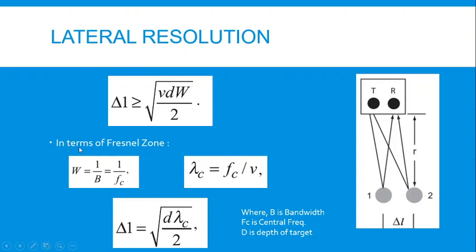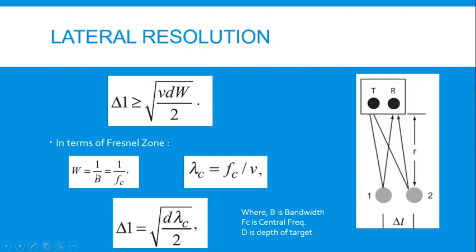But we can also define it with the Fresnel zone. The Fresnel zone is a region with x and y coordinates having the dimension that is able to be detected. The Fresnel zone terminology is basically used in seismic prospecting, and it is very similar.